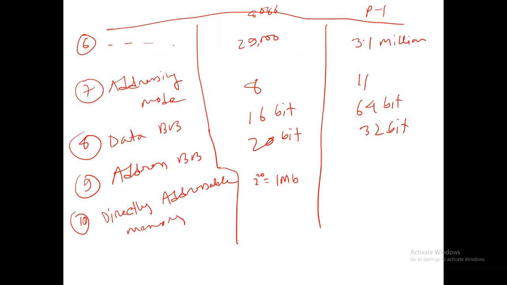And this is 2 to the power 32, which is 4 giga.